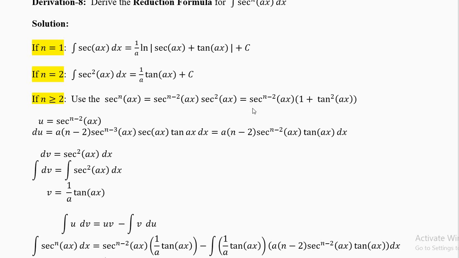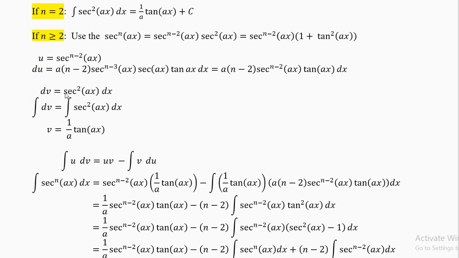Now this is equal to secant power n minus 2 into 1 plus tan square. Now u equal to secant power n minus 2, we are going to use integration by parts, and du equal to a into n minus 2 secant power n minus 2 into tangent ax dx. dv equal to secant square, v equal to 1 over a tangent ax.